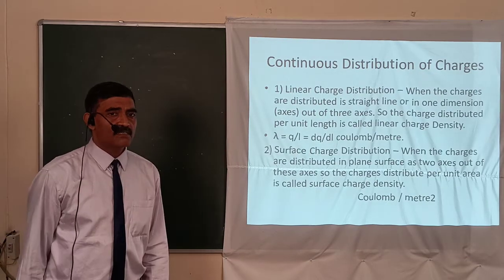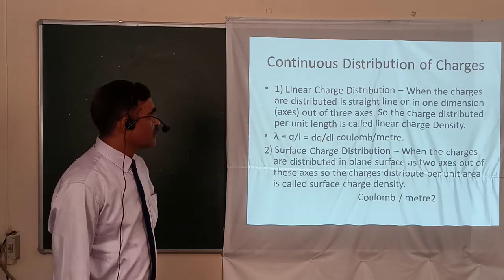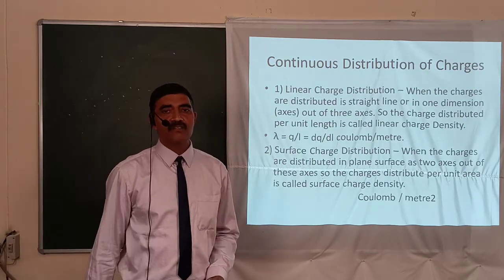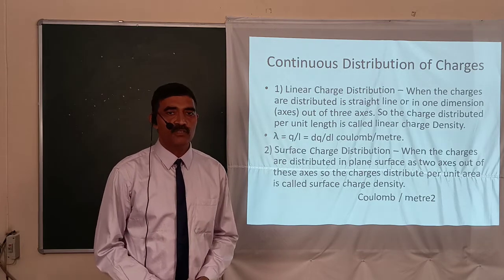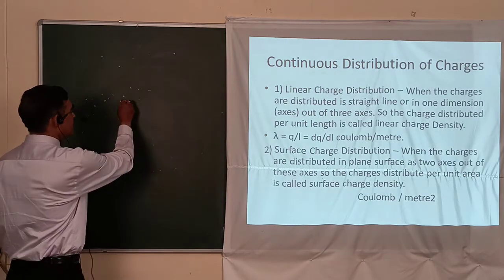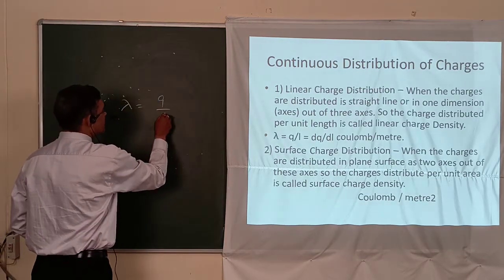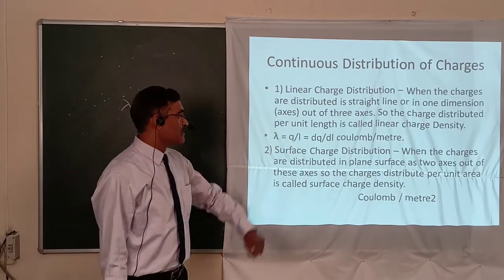After that we will discuss the continuous distribution of charge. There are three kinds of distribution: first the linear distribution, then the surface, and then the volume distribution. Linear charge density is represented by lambda, given as charge per unit length, and its SI unit is Coulomb per meter.